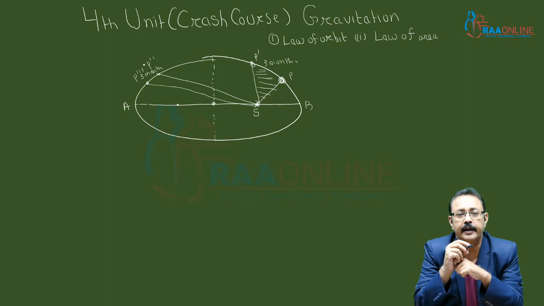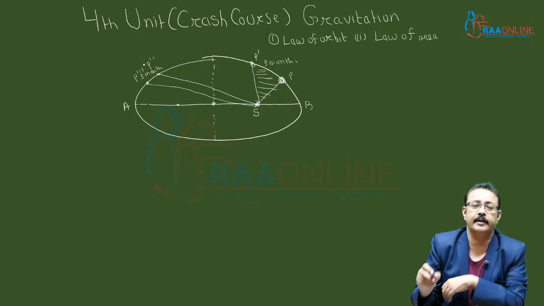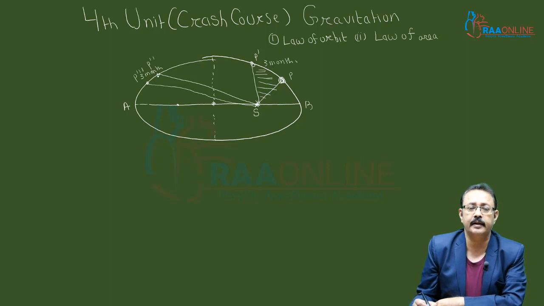It means kinetic energy is decreasing. So kinetic energy should be least at the point which is at the farthest distance from S. Means in this figure, at P triple dash, kinetic energy should be minimum. Getting my point? So it was the law of area.